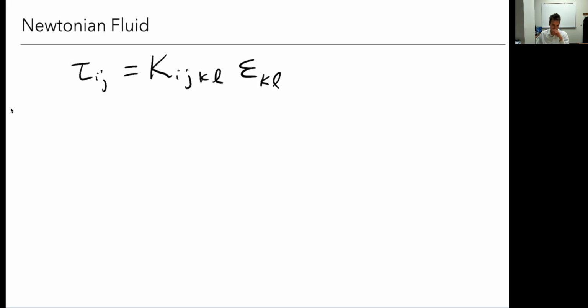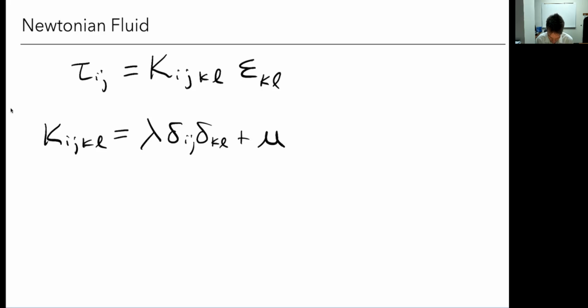Because of that behavior, the most general isotropic 4th order tensor, and this part comes from tensor theory, I'm not going to derive it, it's a bit lengthy, is as follows: lambda, which is some constant, delta ij, the Kronecker deltas that we've seen before, plus mu delta ik delta jl, plus nu delta il delta jk.